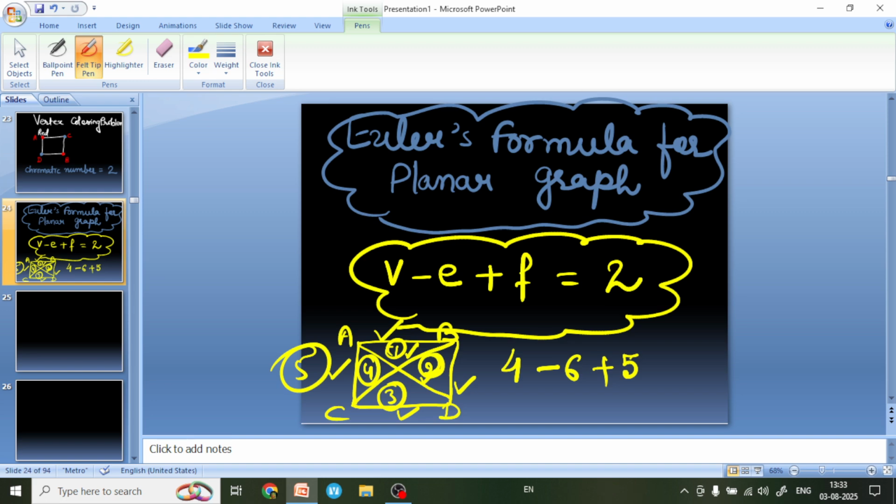What are the faces? We have one unbounded region. How can we solve this question?